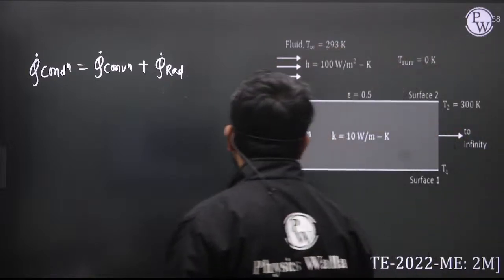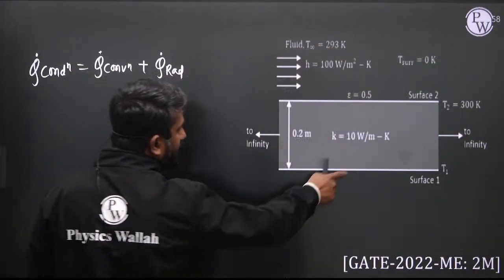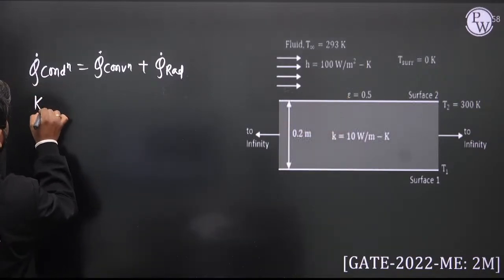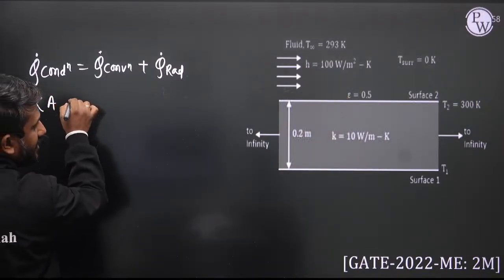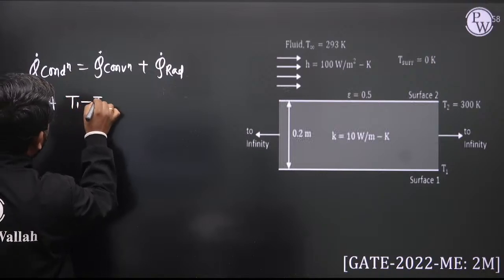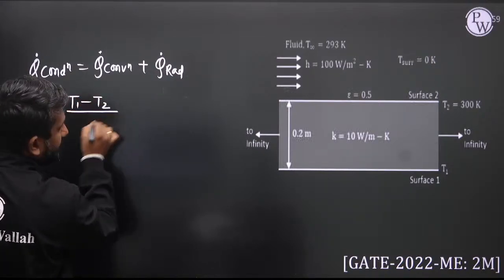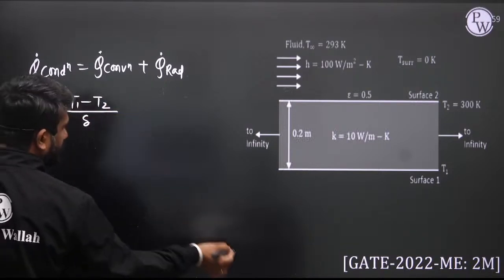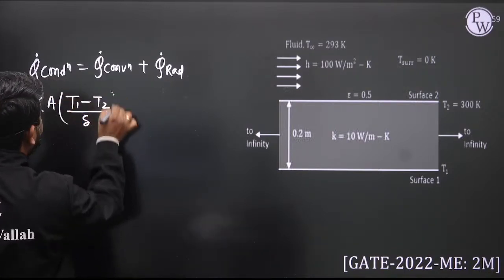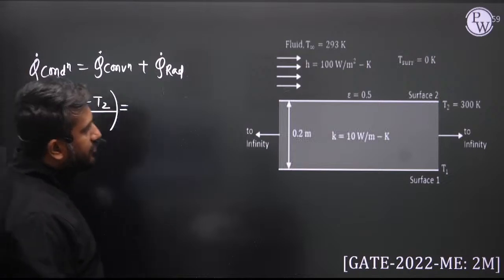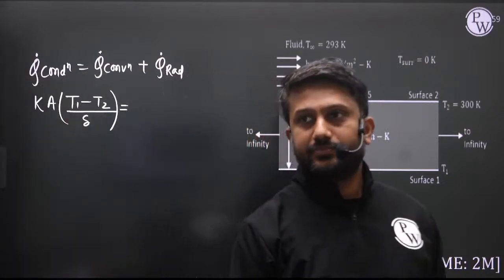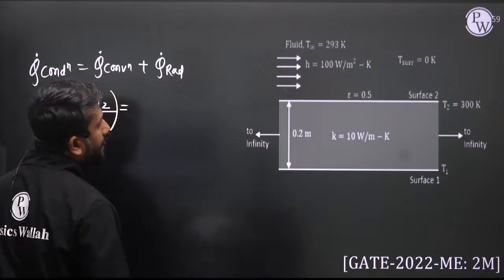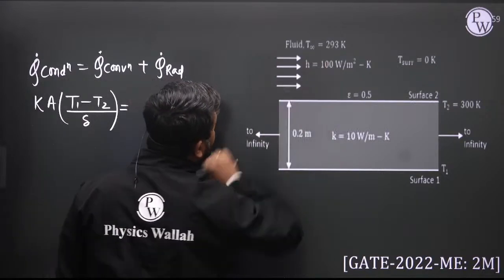Now what is the conduction? The conduction occurs from this surface to this surface. So this is K multiplied by A, and this is T1 minus T2 divided by thickness, and let us consider that thickness is delta. This is equal to convection, which occurs from the surface to the fluid.